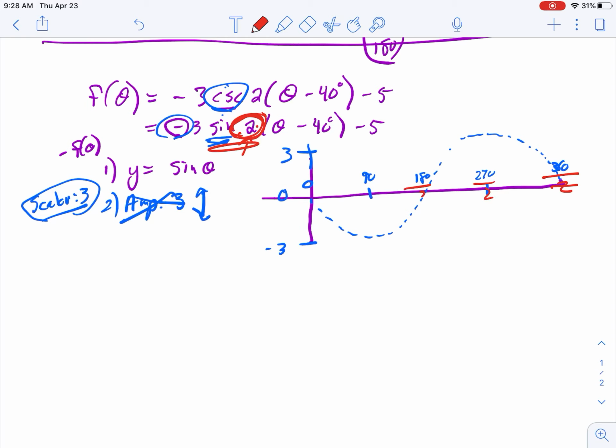This x-axis is time. So I'm going to divide by 2, divide by 2, divide by 2, divide by 2, divide by 2. So I have 0, 45, 90, 135, and 180. And what I have now, that's my period of time.